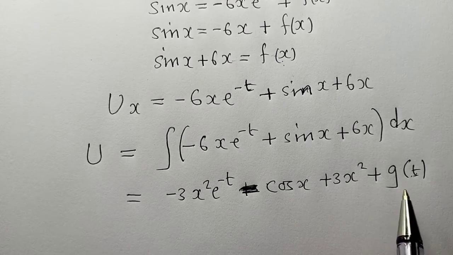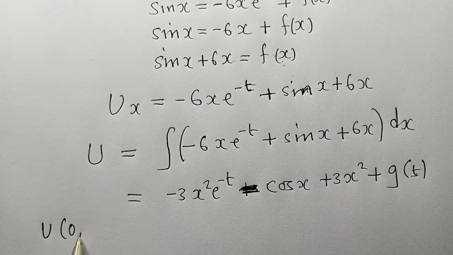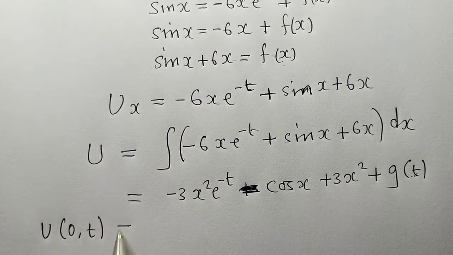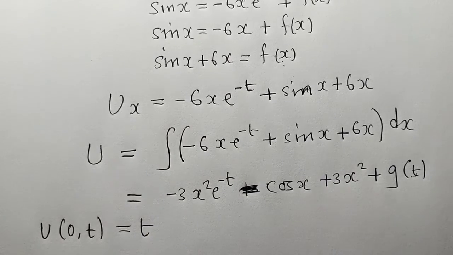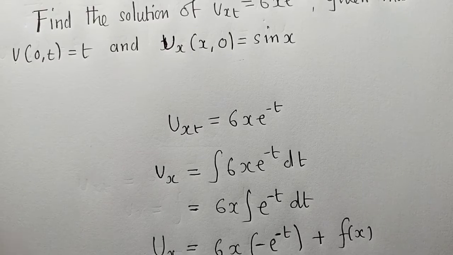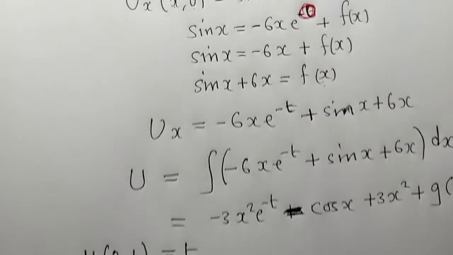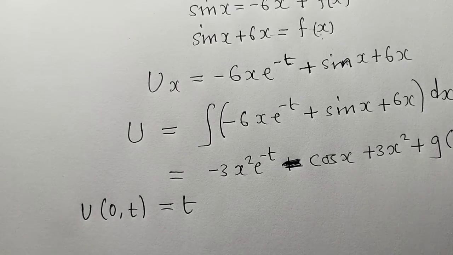Now we need to get the value of g of t. For us to get g of t, we'll come to this condition. It's in the question. I'll show you this condition. So this condition we've been given right here. What we're going to do with this condition is just do what we did with sine x.